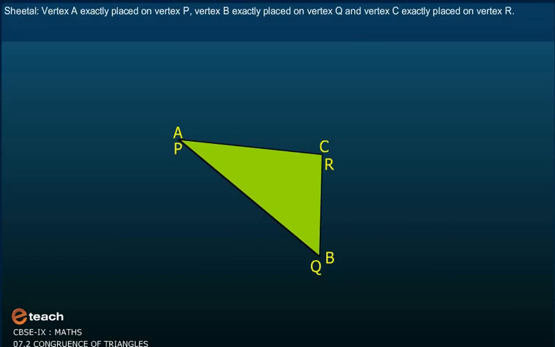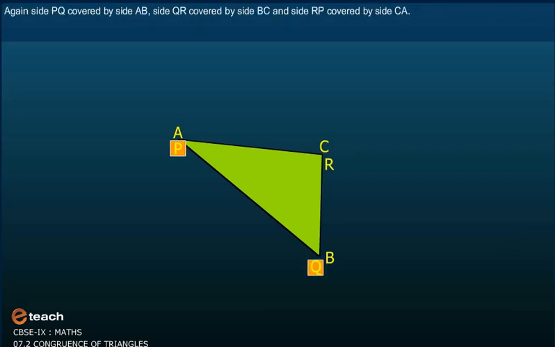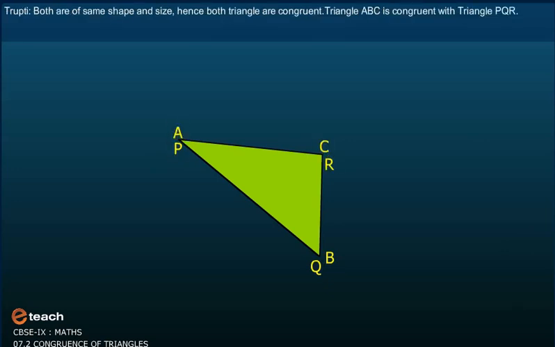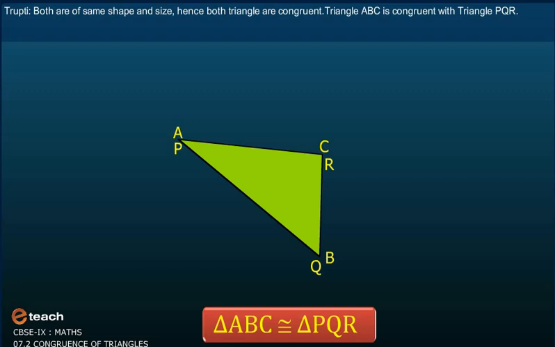Vertex A is exactly placed on vertex P, vertex B exactly on vertex Q, and vertex C exactly on vertex R. Again, side PQ is covered by side AB, side QR by side BC, and side RP by side CA. Tripti says both are of the same shape and size, hence both triangles are congruent. Triangle ABC is congruent with triangle PQR.